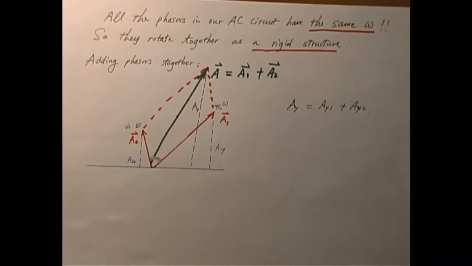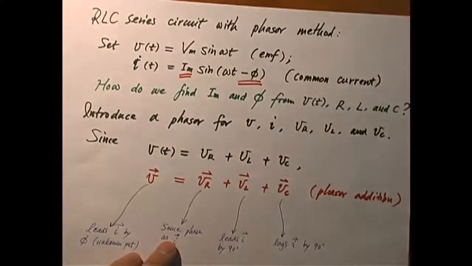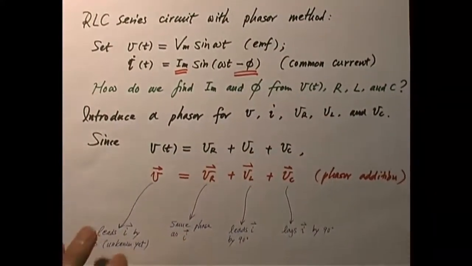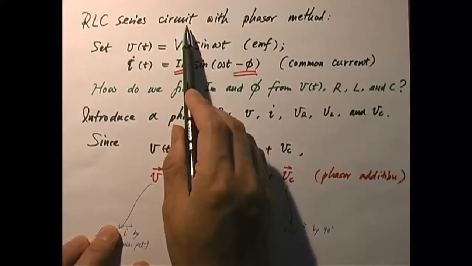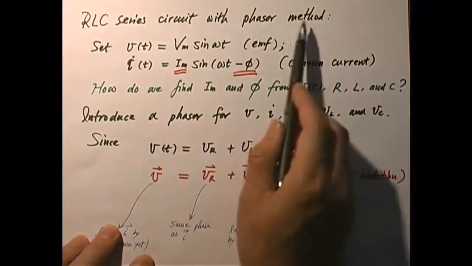Then instead of adding the V's together, I'm just going to add their corresponding phasors together, and see what the net resultant phasor is, and from that resultant phasor I can find the resultant V and whatever comes with it. All right, so now we can study the RLC series circuit with the phasor method.